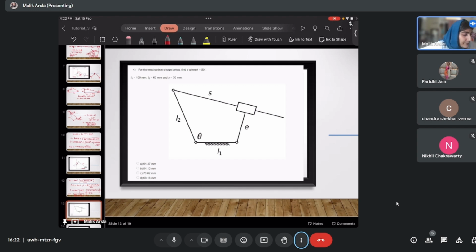So it is simply an inverse kinematics problem. No, a forward kinematics problem simply. You have to find S when theta is 50 degrees. So quickly do this because it will not take much time. Even if you do it by geometry, even if you do it by the formula, it will not take time. So give this answer.